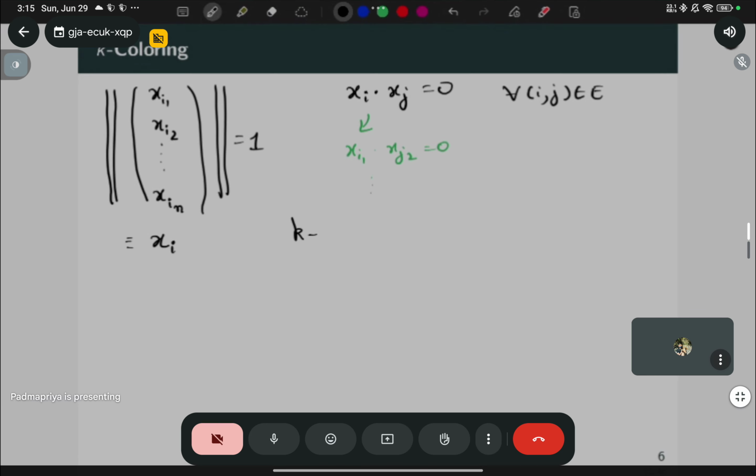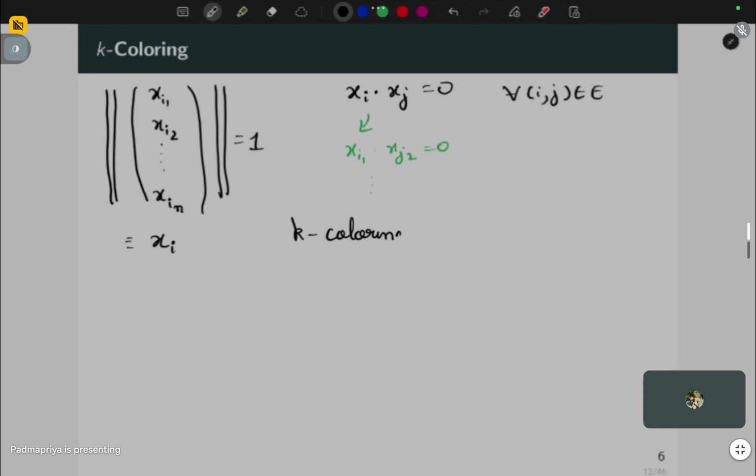So to make it clear, the k coloring programming formalization which we have goes like this. Xi dot xj should be equal to 0 for every edge, and xi dot xi should be 1, which captures the fact that it's a unit vector, and xi is in Rn.